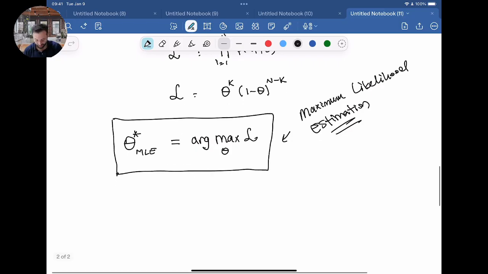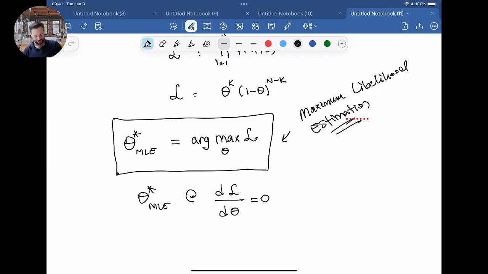So my theta star maximum likelihood should be at dL over d theta equal to 0, right? So my maximum likelihood estimation should be here.